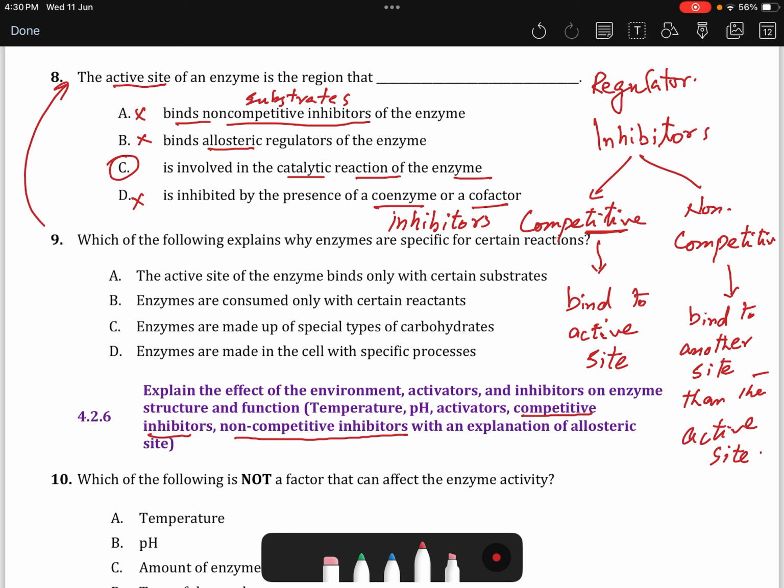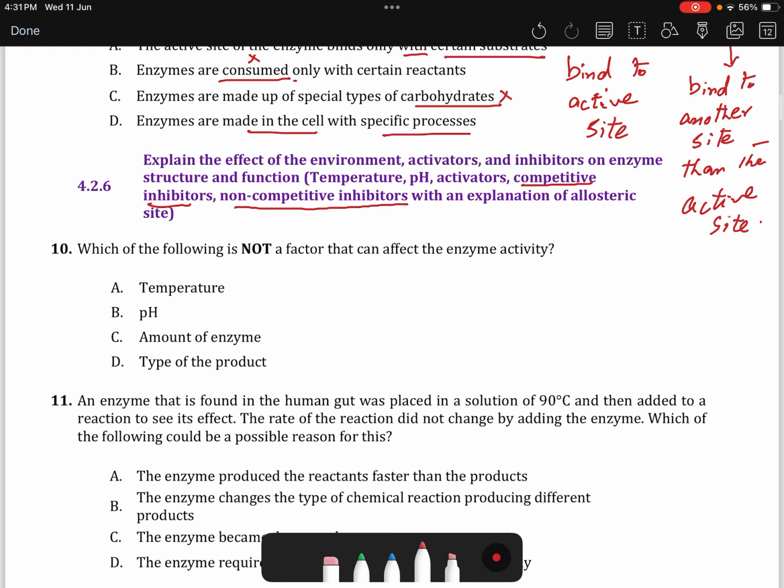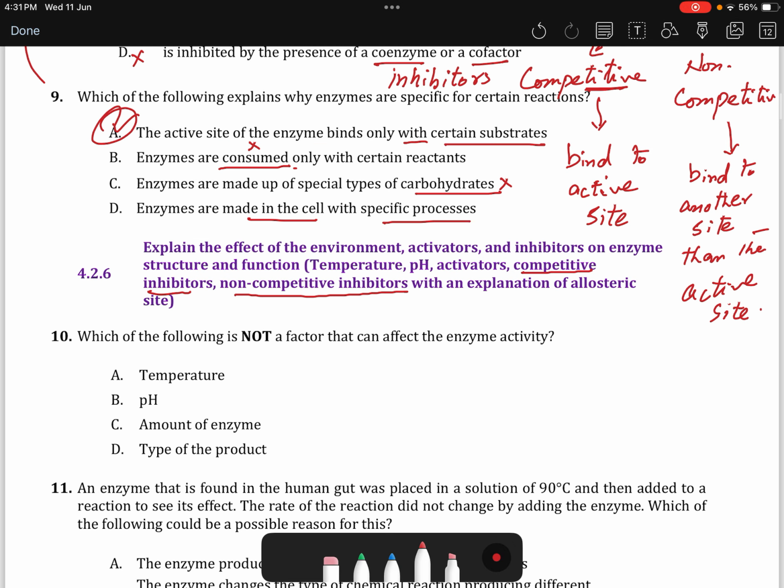The active site of the enzyme binds with only certain substrates. Yes, that's possibly the answer, but we move on. Enzymes are consumed? Not consumed, they just bind. Enzymes are made up of a special type? Again and again it's coming, so remember it's protein. Enzymes are made in the cell with specific processes, as we discussed already. This is not the correct answer, so the answer is A.